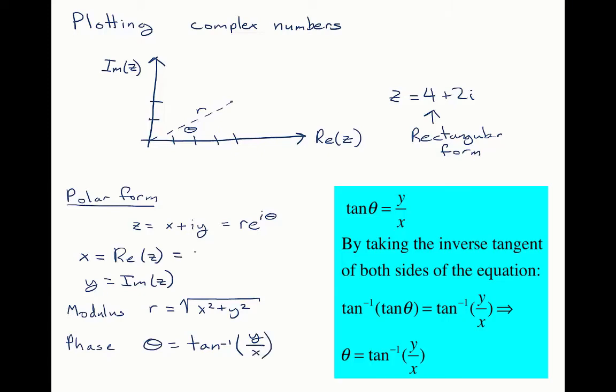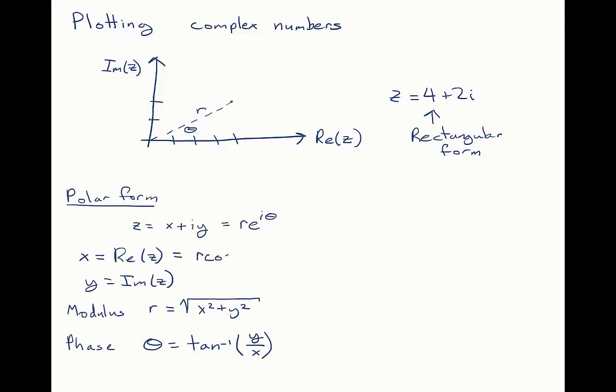And so the real part, which is like the x component of a vector, is r times cosine theta, and the y part, the imaginary part, is r sine theta. And I'm going through this pretty quickly without showing where all this comes from in the triangles because I'm assuming you're very familiar with vectors. If that is not the case, please let me know in the problem solving discussion and I will come back and talk about it more next week.